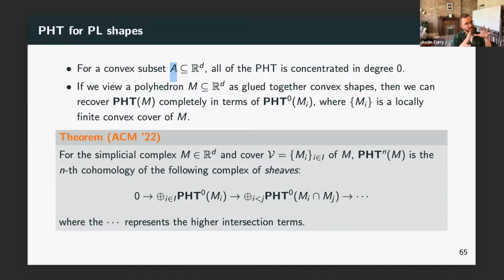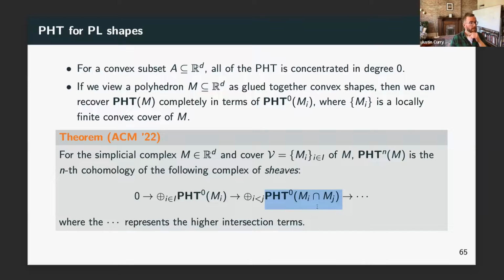But if I take my shape M and cover it by its top dimensional facets, and I look at these PHT sheaves, then I can organize these restriction maps into something that looks like essentially a nerve lemma for the PHT. And so the result we prove is that if I want to know the persistent homology of a polyhedron M in degree n, that's a sheaf. That's equivalent to the nth cohomology of this complex of sheaves.